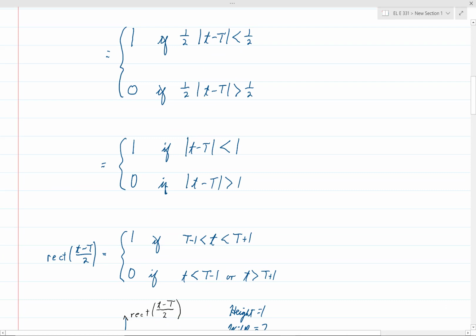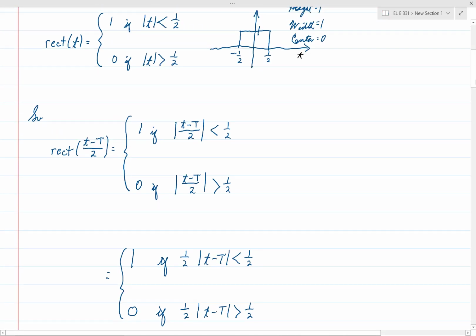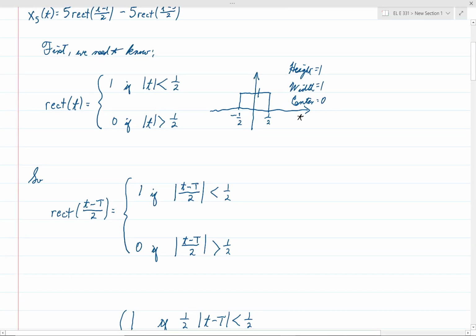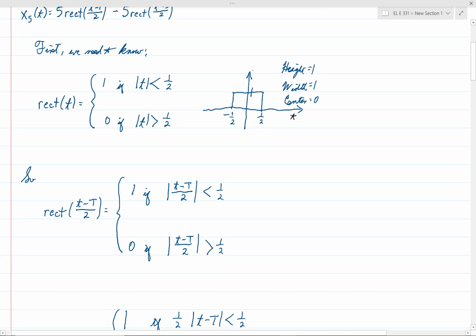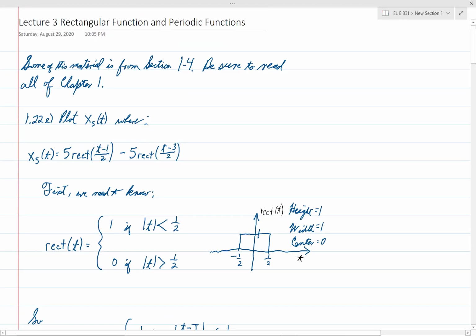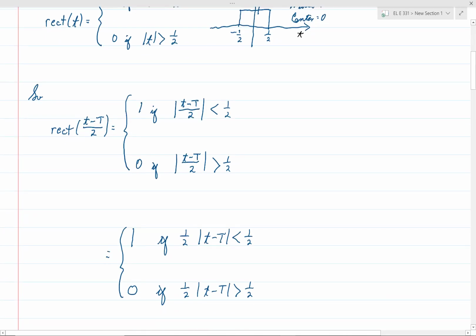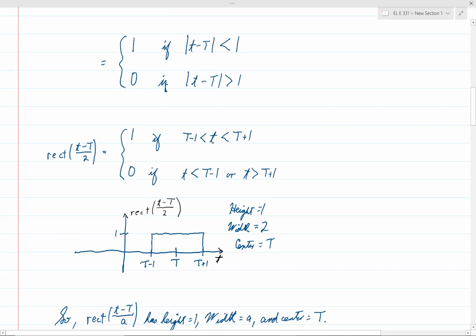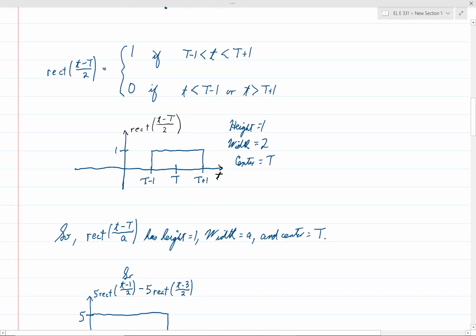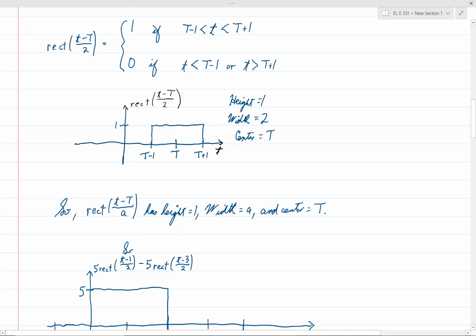But if you're going to be careful, you really ought to label all the axes. Okay, so now we've taken care of all of them. So let's go back now to this problem.